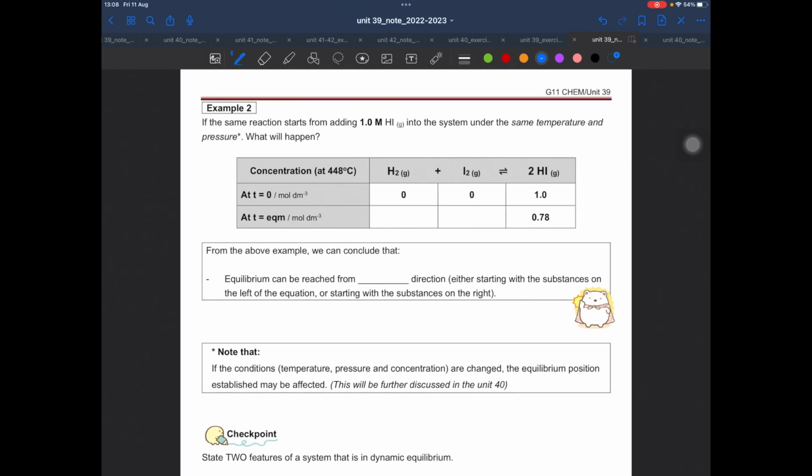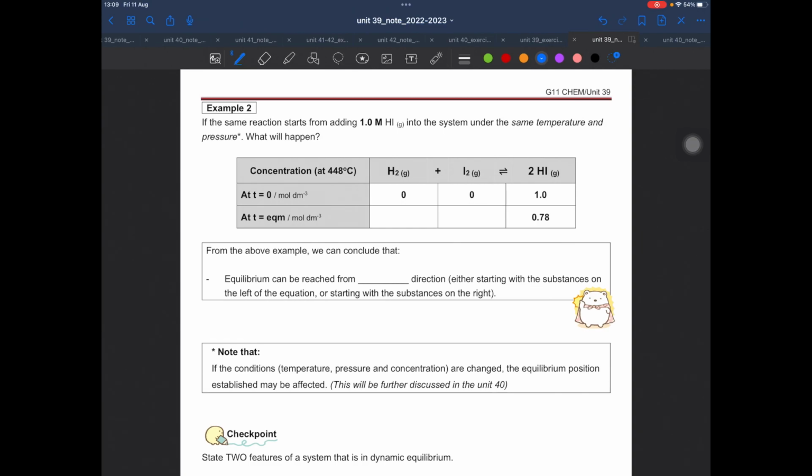Now, the importance of a reversible reaction is that the equilibrium can start from either side. It's up to you. In this example, I can show you the reaction starting at the product side.